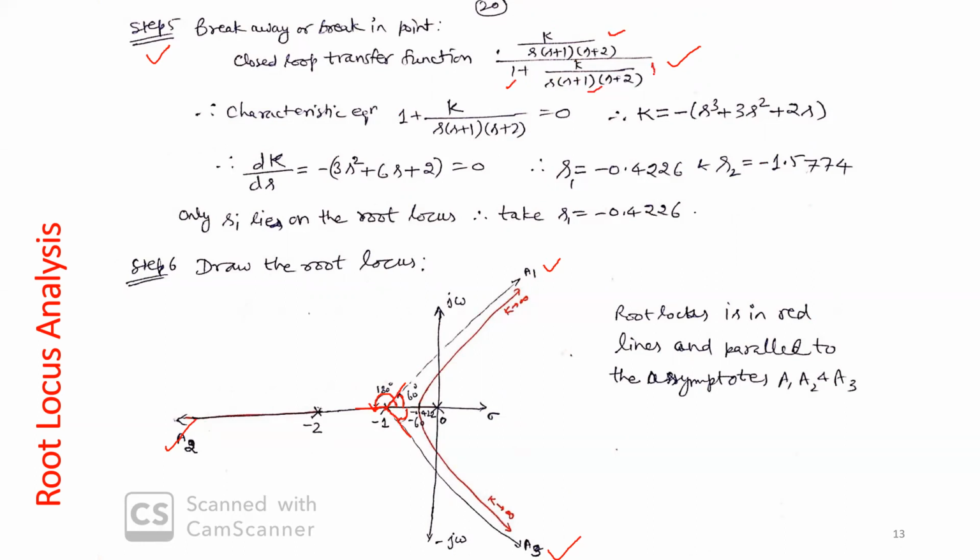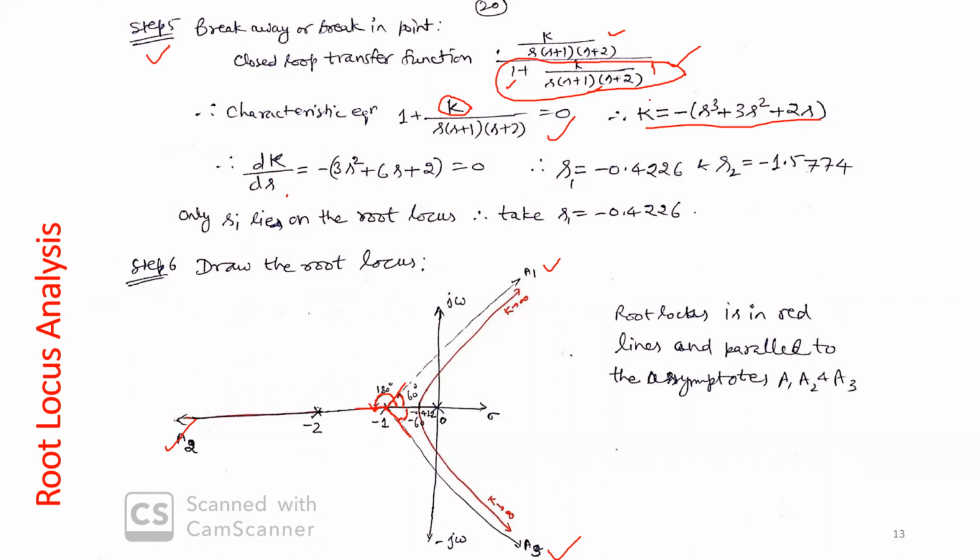H(s) is 1. So this is my closed loop transfer function. The characteristic equation will be the denominator equated to 0. So this is my characteristic equation, and from it I can calculate this K value.